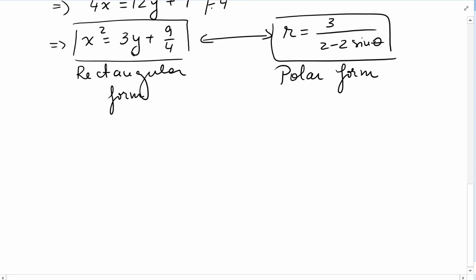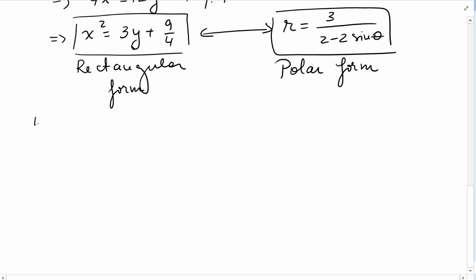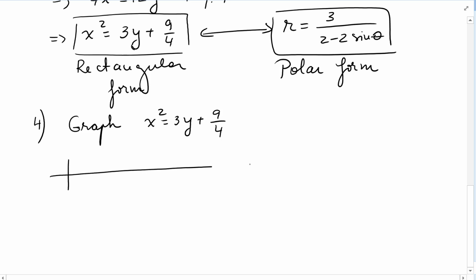All right. Let's do something else. Let's graph it. I'm going to graph it using the equation x squared equals 3y plus 9 over 4. So let's make a table, x and y, and let's make a coordinate plane.